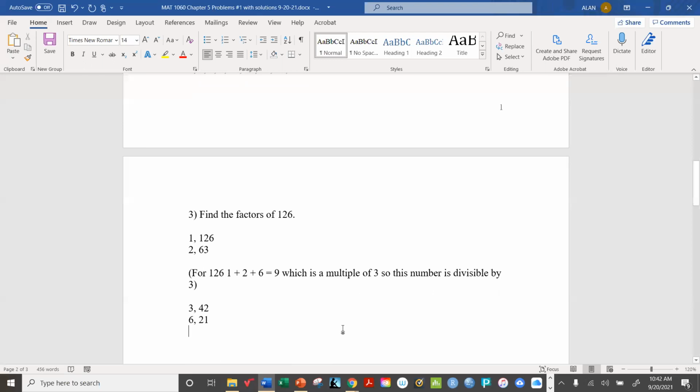It doesn't have that look to it. 126 divided by 7. But, oh my God, I spoke too soon. Look what happened. All of a sudden you divide and it turns out 126 divided by 7 is in fact 18. So there you go. You never know.